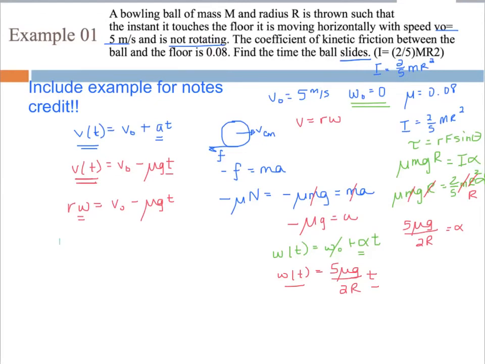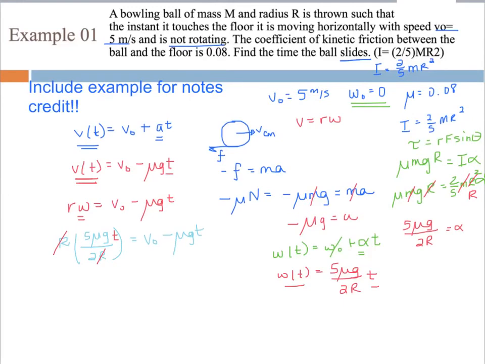So we have r, and I'll change this to a capital R so we can be consistent with our radius. Omega is 5 mu g over 2r. And again, just rewriting all of our other pieces. Now you can see that our r's will cancel out here. And, oops, I dropped a time. And we have a time on one side, time on the other side.